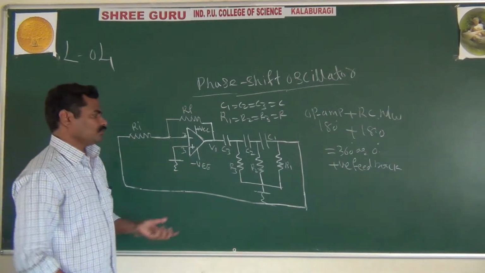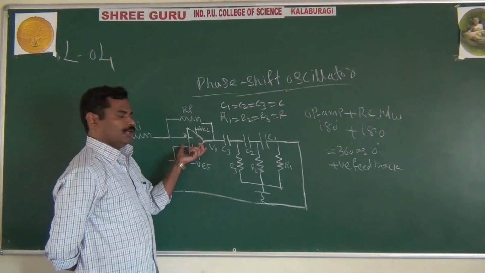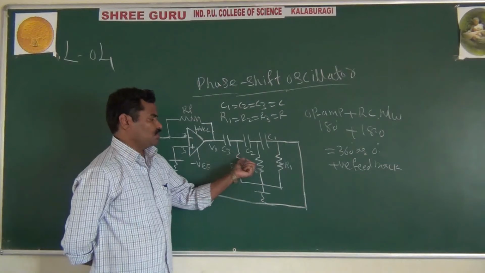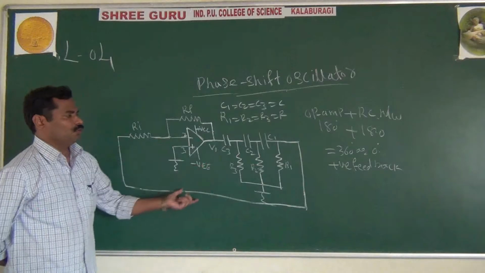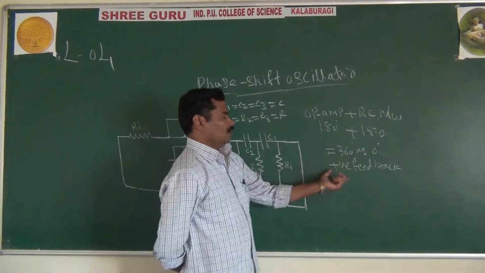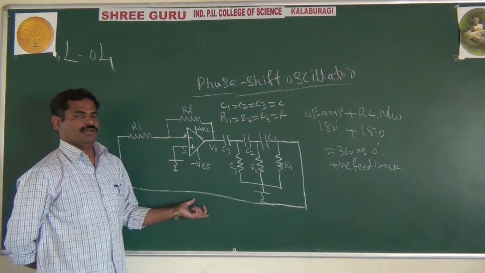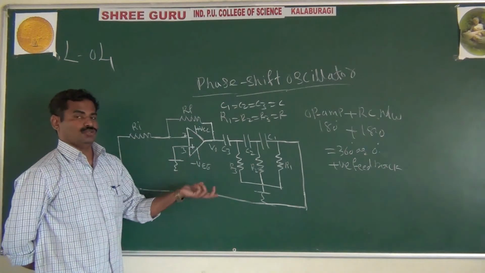It means, as I said, your op amp will give the 180 degree phase shift. Another 180 is given by each R and C combined, 60, 60, 60, giving the 180 degree, and in total you have 360 degree. That is nothing but your positive feedback, and we will get the oscillations. As you know, whenever you have positive feedback, it will give the oscillations.